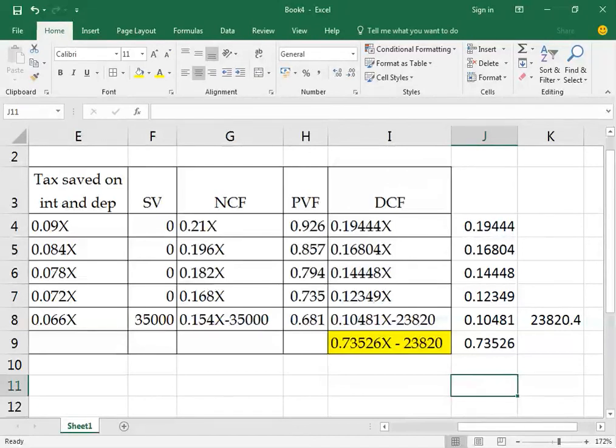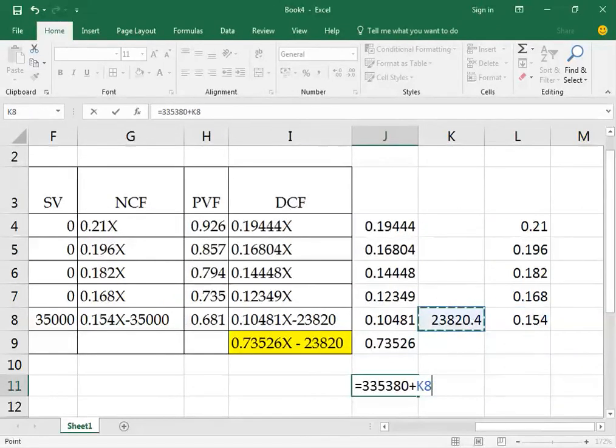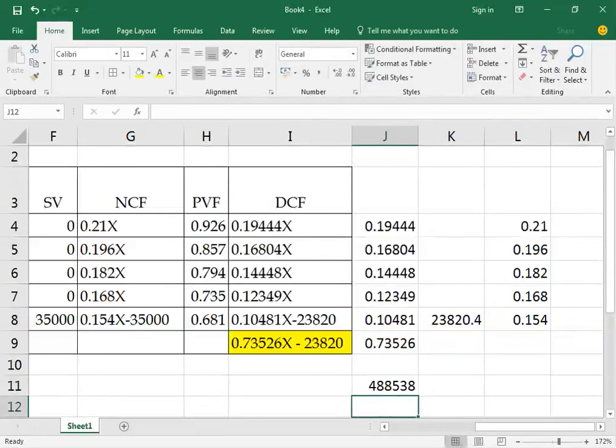This you will equate to 335, 380. So the answer is 335, 380 plus salvage value, divided by this number. 4,88,000 something.